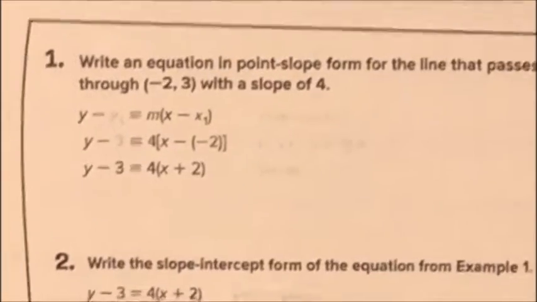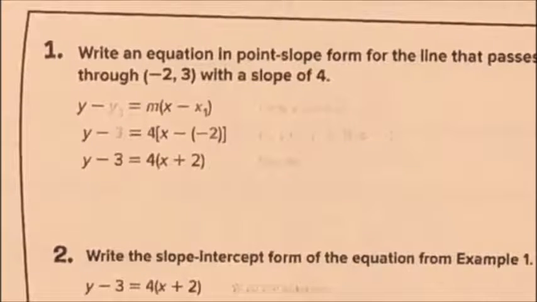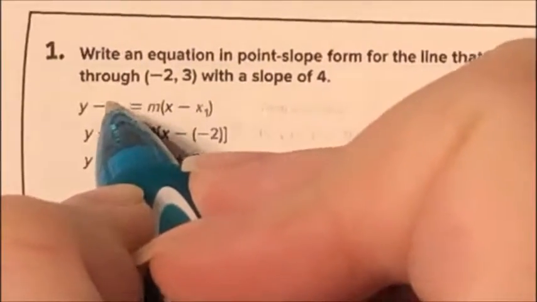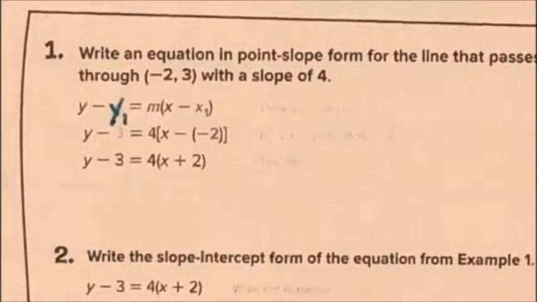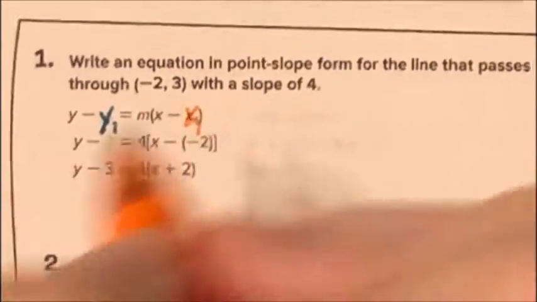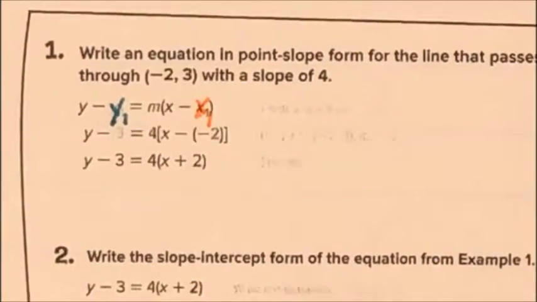Example number 1 says write an equation in point-slope form for the line that passes through -2, 3 with a slope of 4. I have my equation y minus y1 equals m times x minus x1, and then I substitute in.